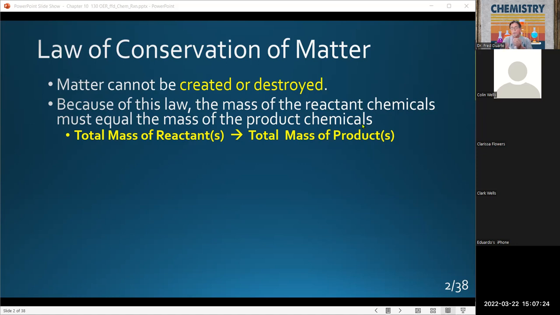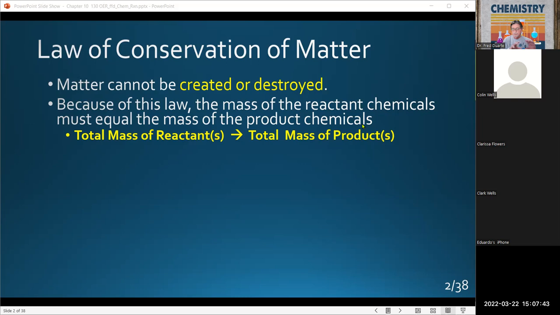When we're done with that reaction, we're going to end up with 10 carbon atoms. Okay, and that's basically what the conservation of matter is telling you, which goes together with the conservation of energy. But we'll just talk about the conservation of matter.